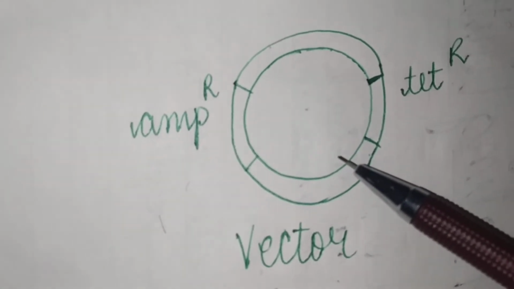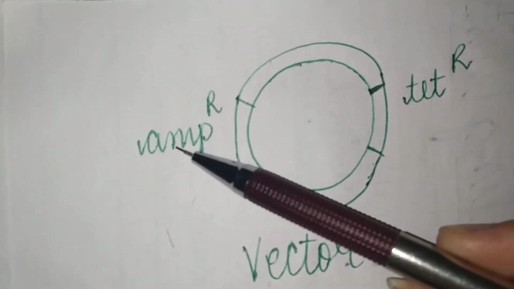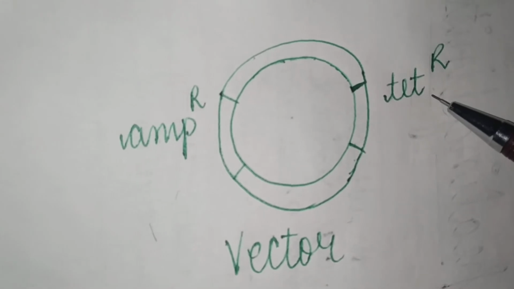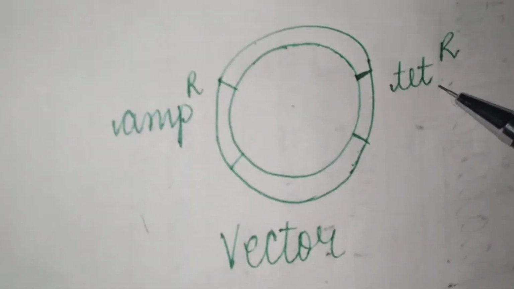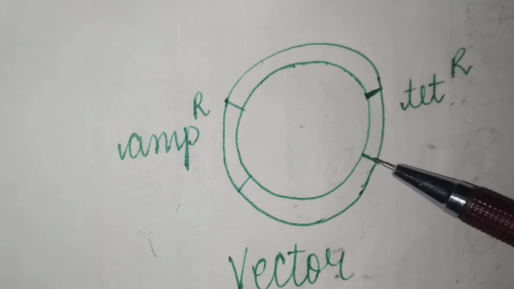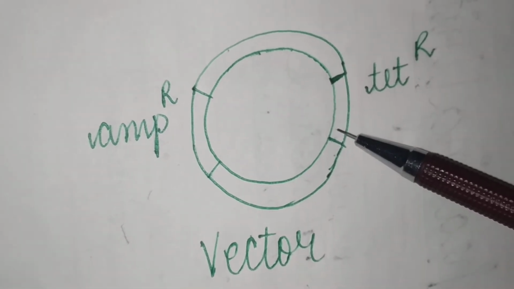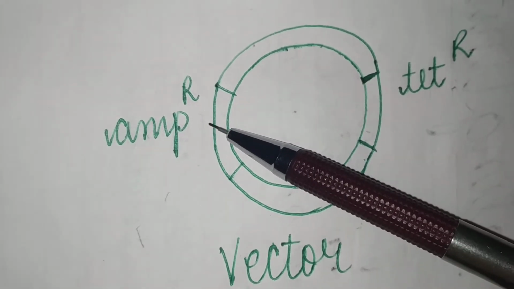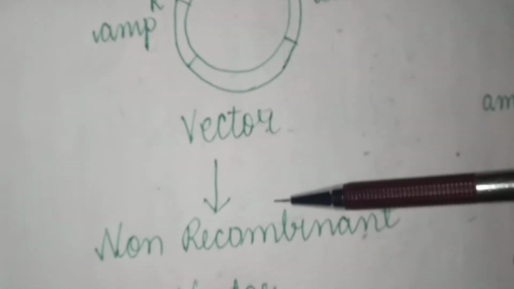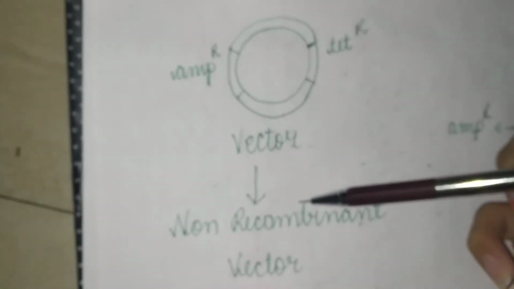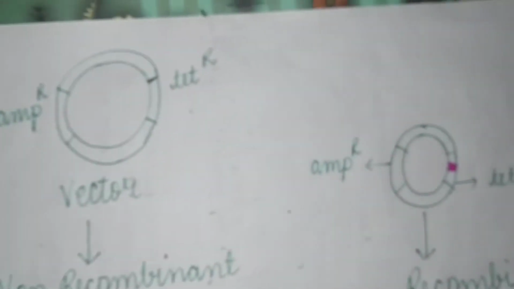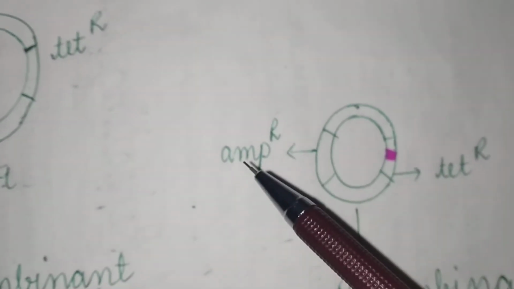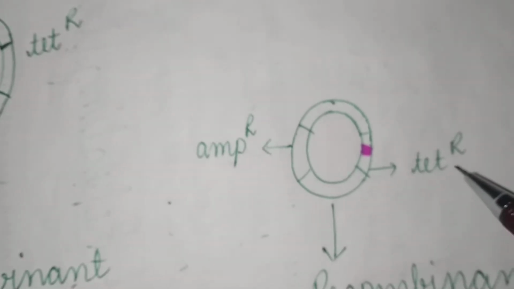Suppose this is a vector and it has an ampicillin resistant gene as well as a tetracycline resistant gene, but it does not have any foreign DNA inserted into it, either in the tetracycline resistant gene sequence or in the ampicillin resistant gene sequence. So this vector is known as a non-recombinant vector. Similarly, here is another vector and it also has an ampicillin resistant gene and a tetracycline resistant gene.